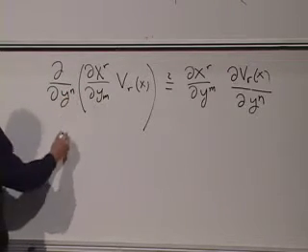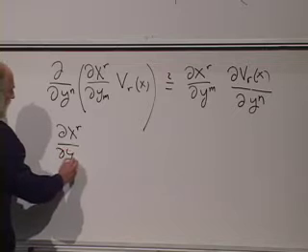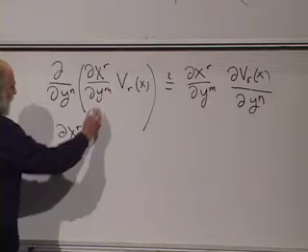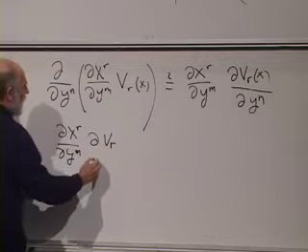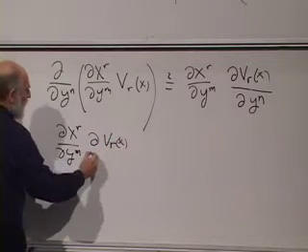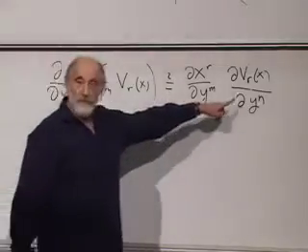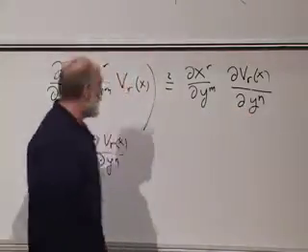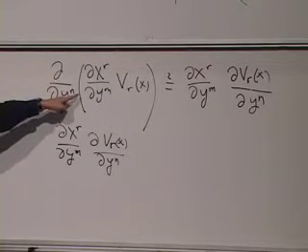It'll give me the term dxr by dym times dVr of x with respect to yn. That's exactly what I have here. Looks good. But it's not good because it's only one of the terms when I take the derivative here.